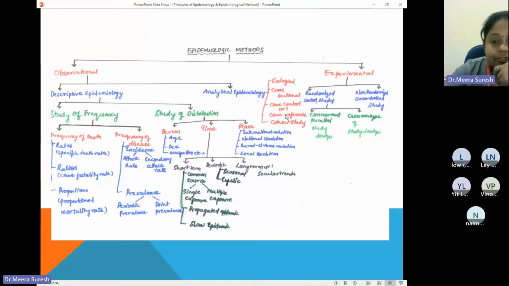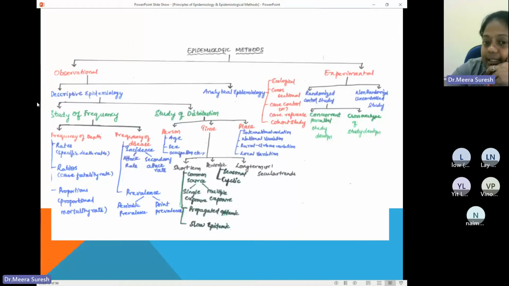And this is a bit confusing, because if we Google it in different websites and different textbooks, we can see the authors are confused with this classification. In some of the books we can see all these four studies: ecological, cross-sectional, case control, and cohort study, classified under analytical epidemiology.